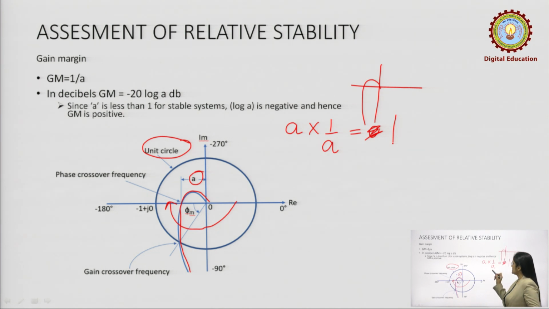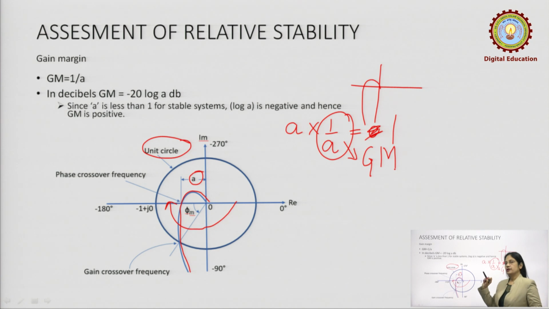So this 1/A is known as the gain margin, the factor we multiply to the magnitude when the phase angle is minus 180 degrees.